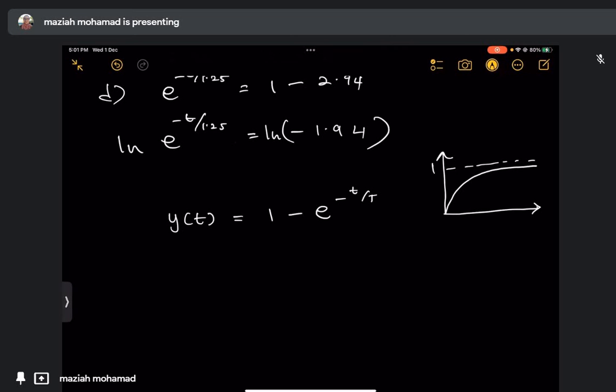And then the question asks what is the time for 0.98. So we just consider that equal to 1 minus exponent negative t per 1.25. Alright, we don't multiply with k yet because the effect of k is just like shifting the value. Okay, so we just need to multiply with 0.75.